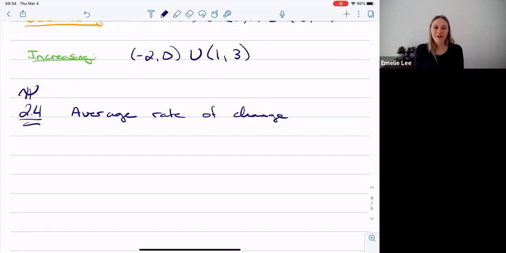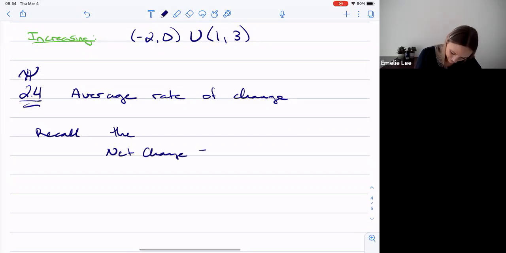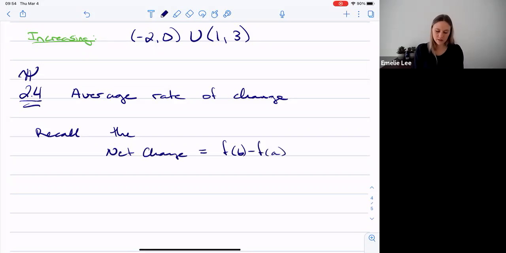We've already talked about the net change of a function. So recall the net change is f of b minus f of a, where a is less than b.